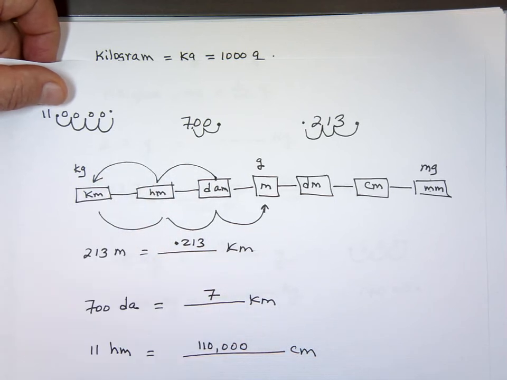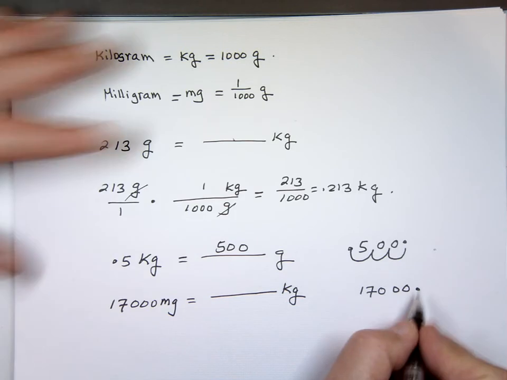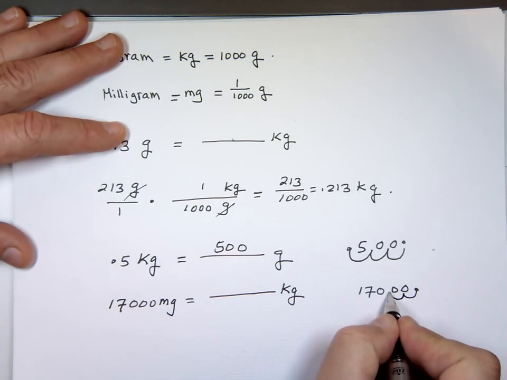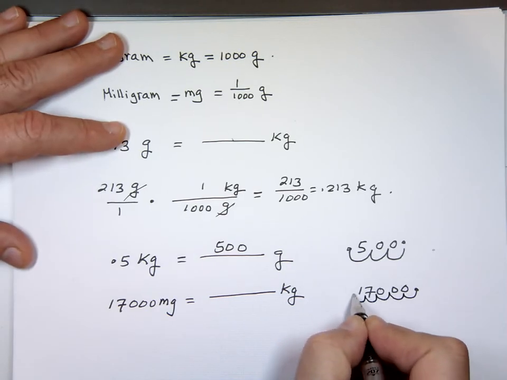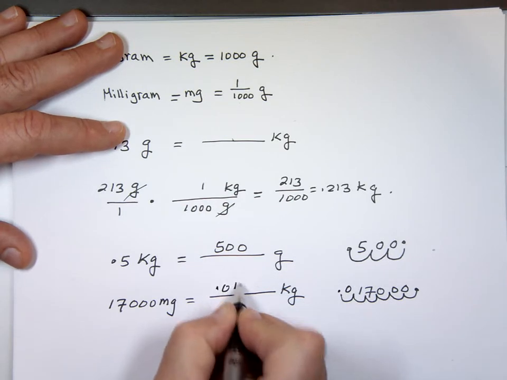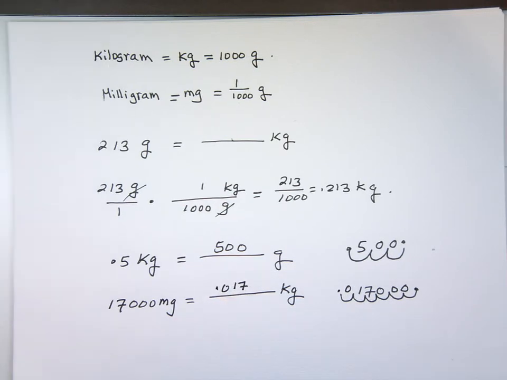Move it 6 places to the left. Here we go. 1, 2, 3, 4, 5, 6. 0.017 kilogram. Why did I write it wrong? 0.017 kilogram. You don't need the rest of the zeros at the end.